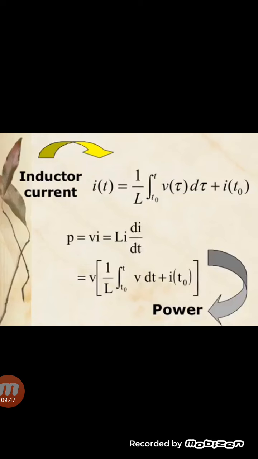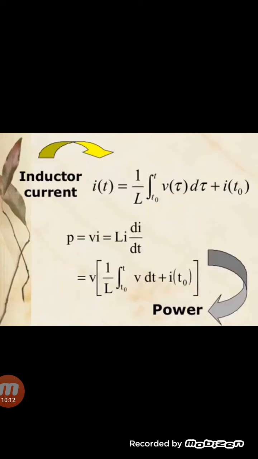So P is equal to V into I. V is what? L d by dt of i. So if we take V outside, then i is 1 over L integral t naught to t of v dt plus i of t naught. It is power.